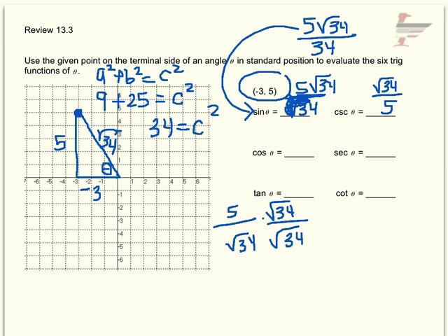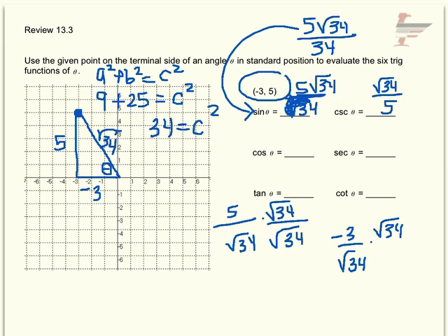All right, cosine is adjacent over hypotenuse. So from theta, adjacent would be negative 3, and hypotenuse is root 34. Oh, I'm not going to make this mistake again. I'll write it down here. Adjacent over hypotenuse, and then I need to rationalize.